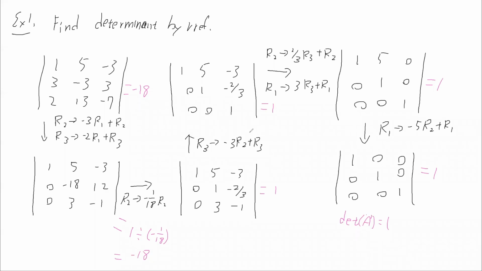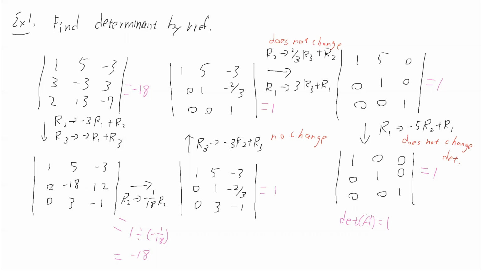So let's look at what we're doing here again. Going back, we started at the end with the reduced row echelon form. This doesn't change the determinant. This doesn't change either. This part doesn't change it either. No change. And this part is going to change the determinant. Maybe this is a little confusing.